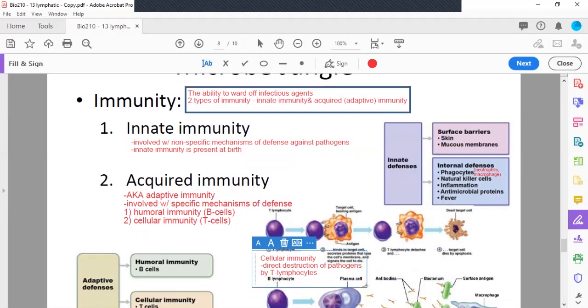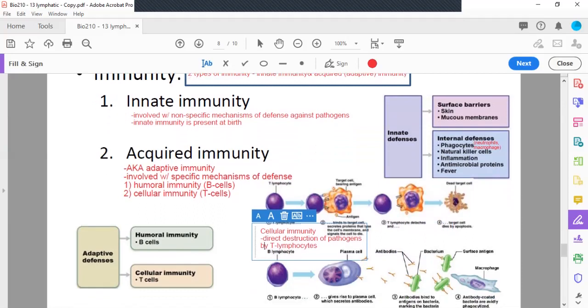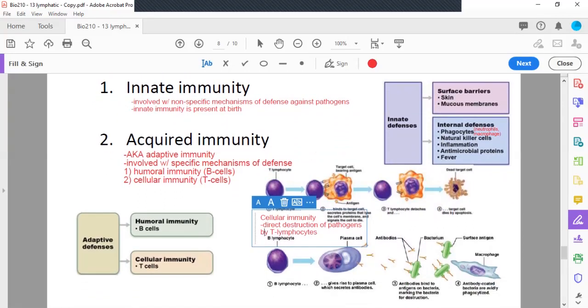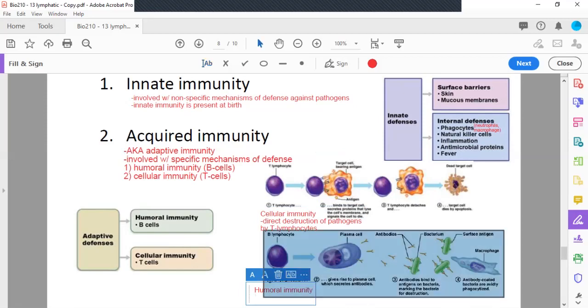Now let's go on to the bottom image, where we see the B lymphocytes. This is known as humoral immunity, which is involved with the B lymphocyte. Let me explain what is involved here. Once the B lymphocyte encounters the pathogen, it differentiates into what's called plasma cells.